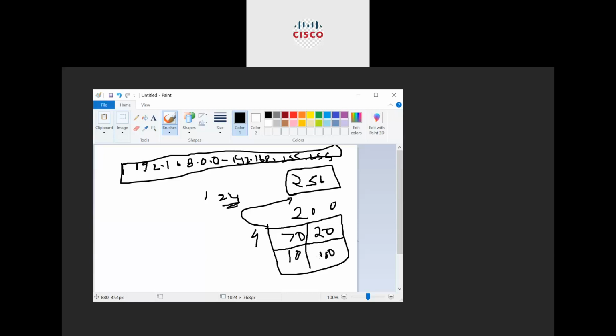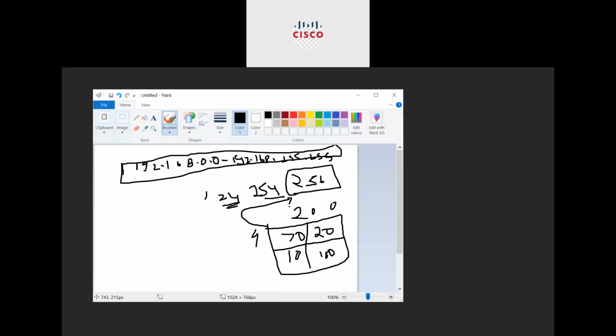Okay, we can use 4 different networks, but look at this: if I use a complete network of 256 IP addresses, that means 254, because 2 IP addresses are reserved, the first and last IP of every network.